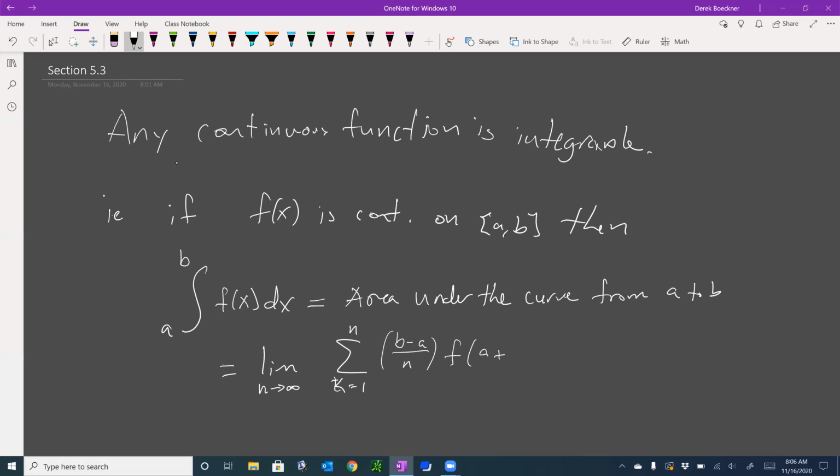So a plus (b minus a) over n times k. So this is the width, this is the height, right? That's the area of one of the rectangles, add up n of them, and if I take the limit as n goes to infinity, that's going to give me the area under the curve.